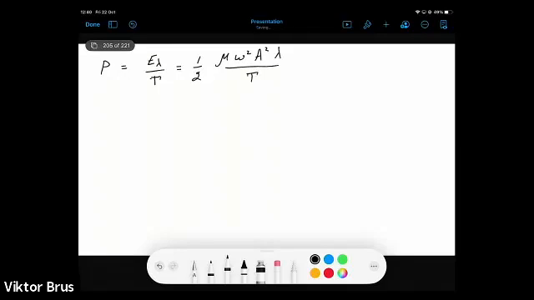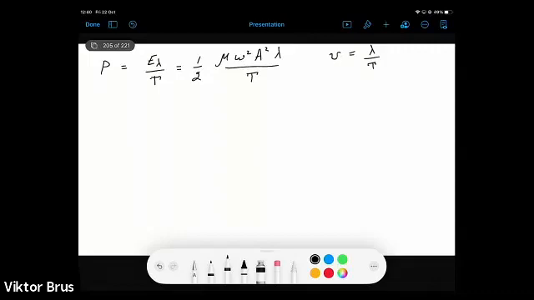So we know that V, the speed of wave propagation, is equal to lambda divided by period, because it moves distance lambda in a time equal to the period.